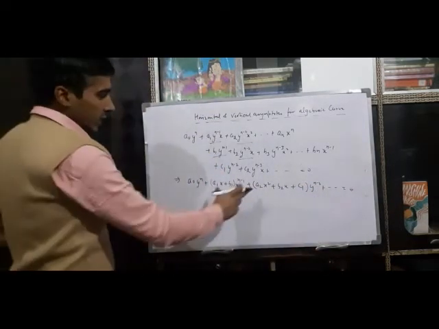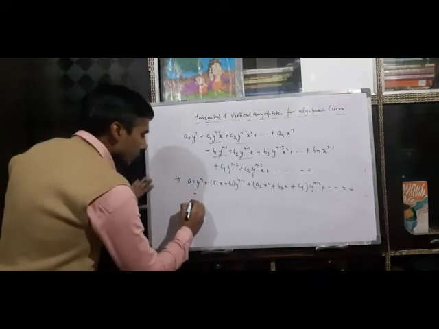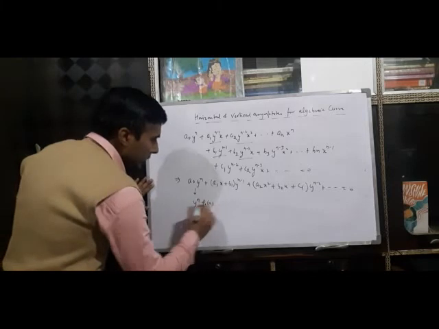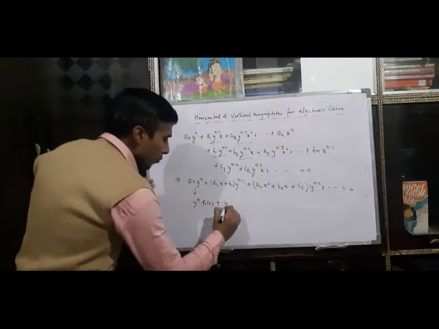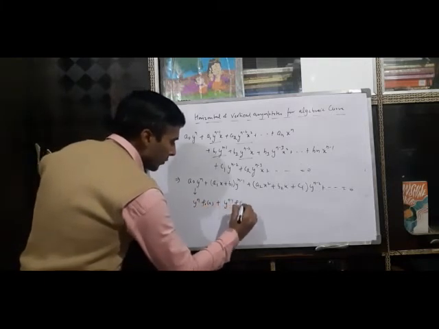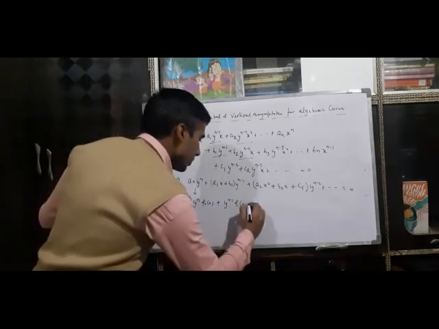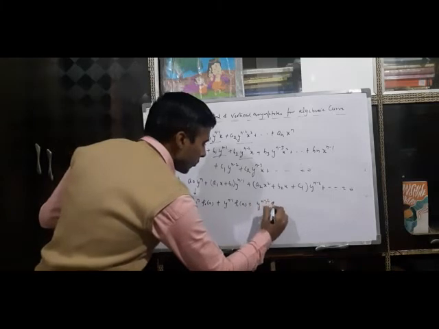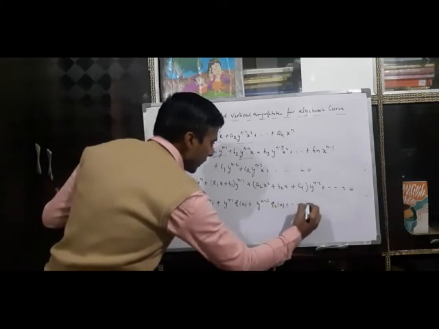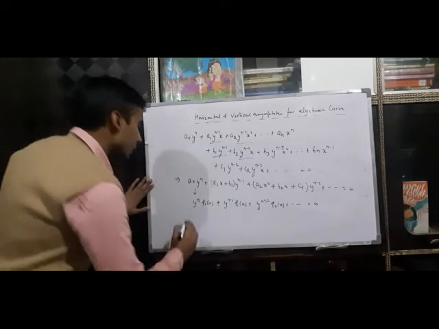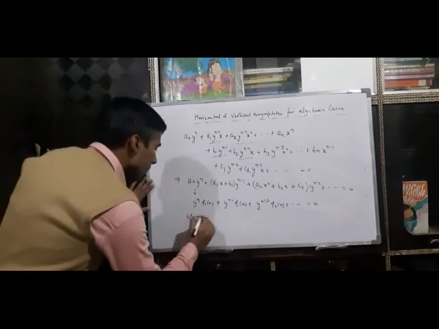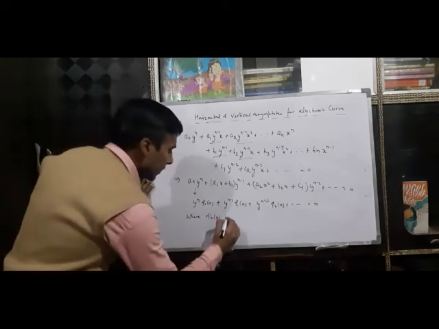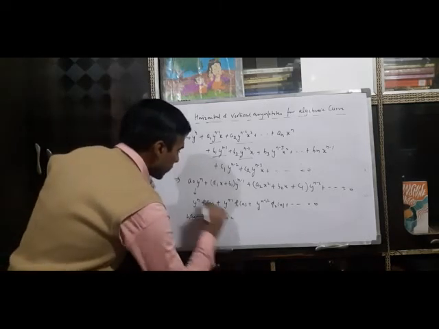Now this equation can be rewritten as y^n phi0(x) plus y^(n minus 1) phi1(x) plus y^(n minus 2) phi2(x), and so on, where phi_n(x) is a function of x.